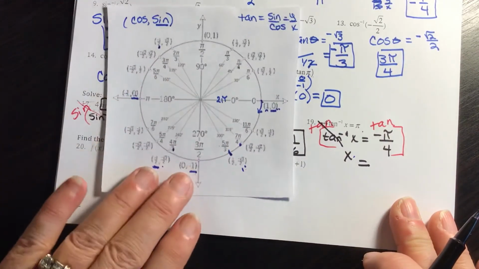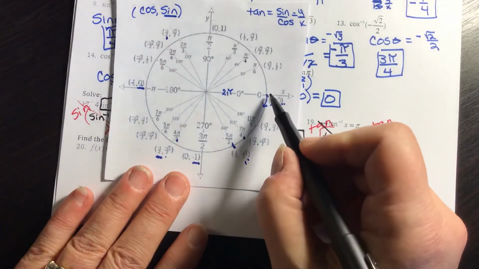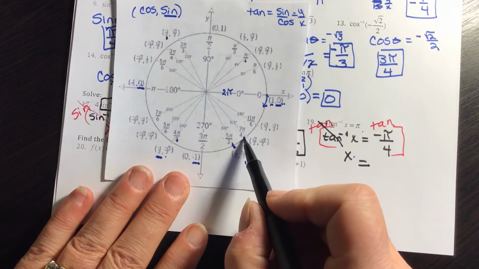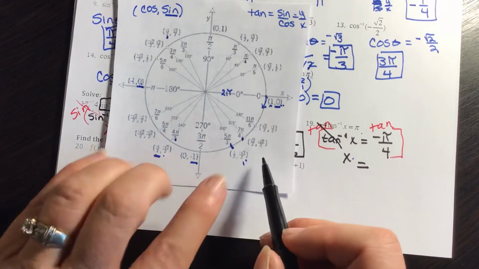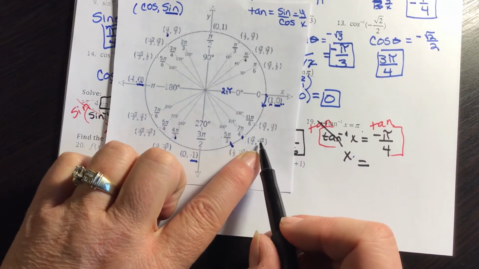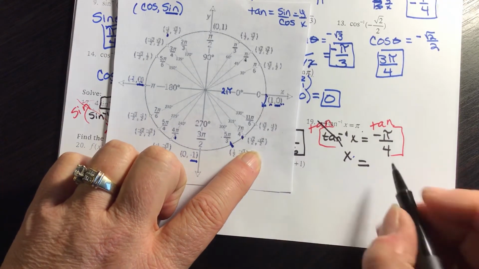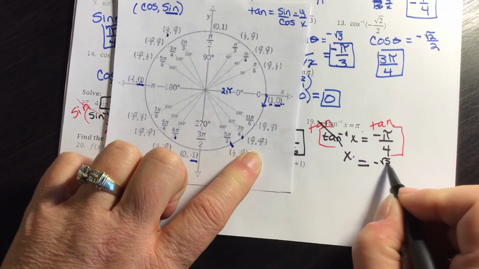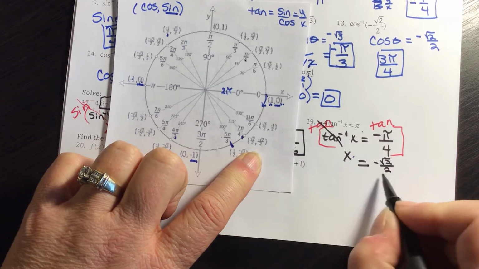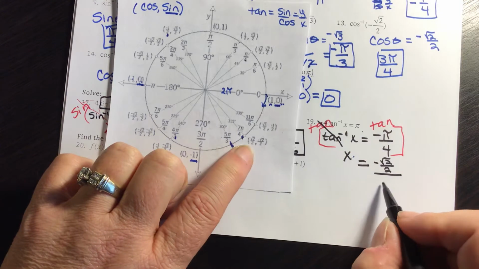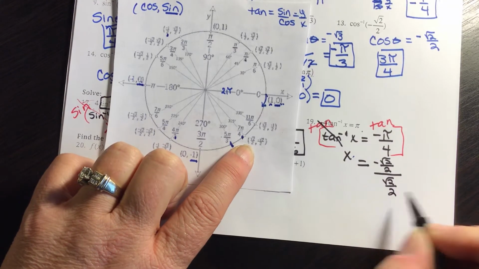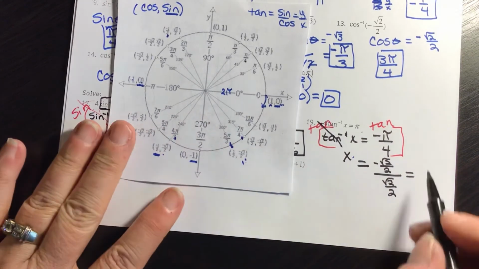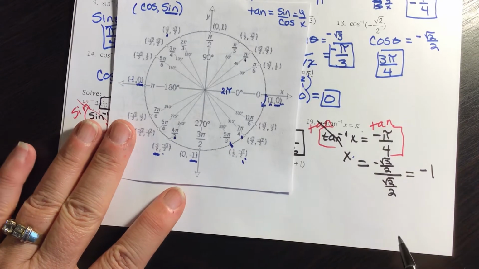Now I got pi/4 in the negative direction, so that's the same as the 7 pi/4 angle. Tangent would be -√2 over 2 divided by √2 over 2, and this would just be -1.